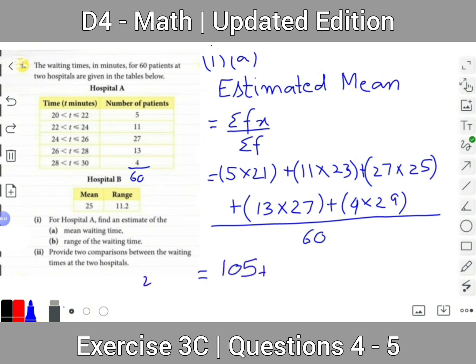Now we have 105 plus 253 plus 675 plus 351 plus 116, divided by 60.